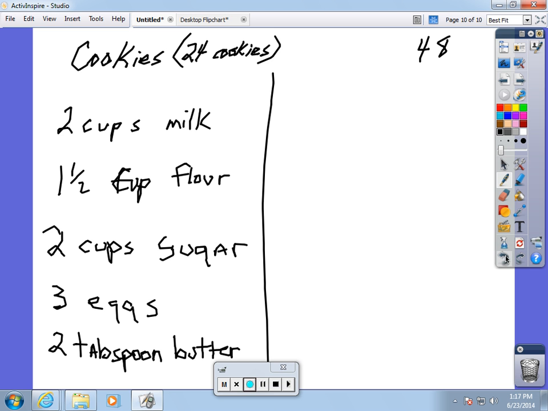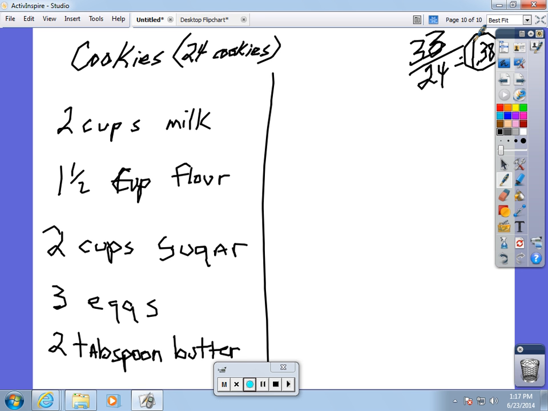Hold on. 33 over 24, what is 33 over 24? 1.375. Okay, 1.38. And there is your fudge factor for 33 cookies. So you would multiply 1.38 times all of those, and of course round if you need to, and then that would be your ingredients for 33 cookies.